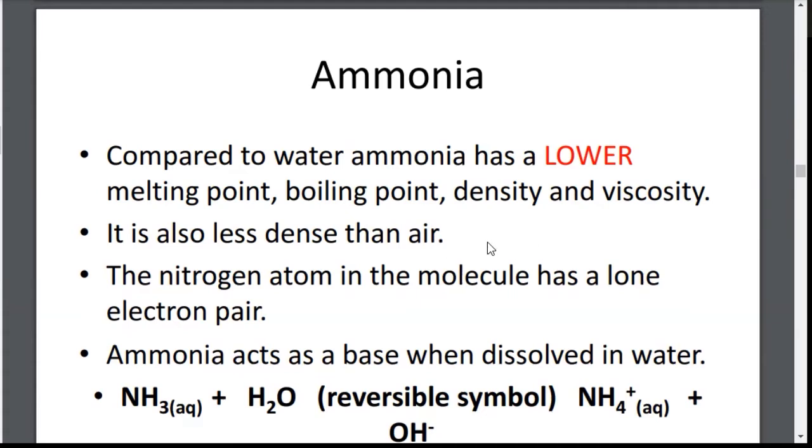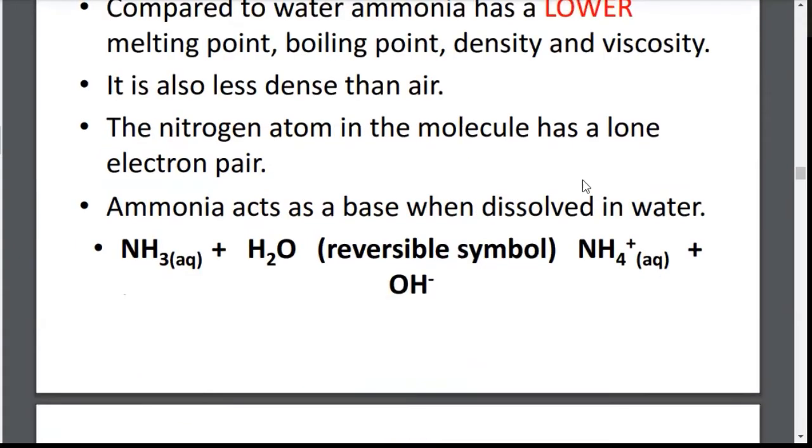It is also less dense than air, ammonia, and the nitrogen atom, as we've said, only has one lone pair, not two. And because it's soluble in water, when it dissolves in water, it produces hydroxide ions, which are just these ones here, and that makes it alkali. So it's a base when it dissolves in water.